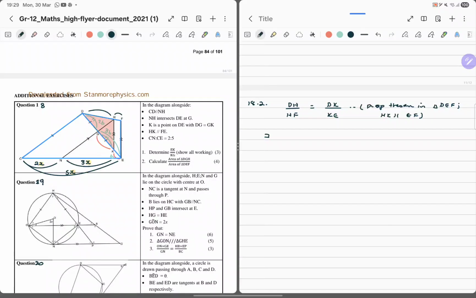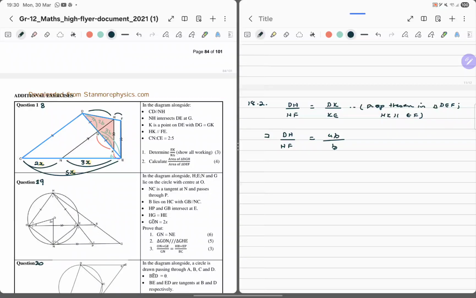We used B there, so we know, folks, that this is 2B and 2B. DH over HF is going to be DK, which is 2 times B, so this is basically 4B divided by 1B, isn't it?